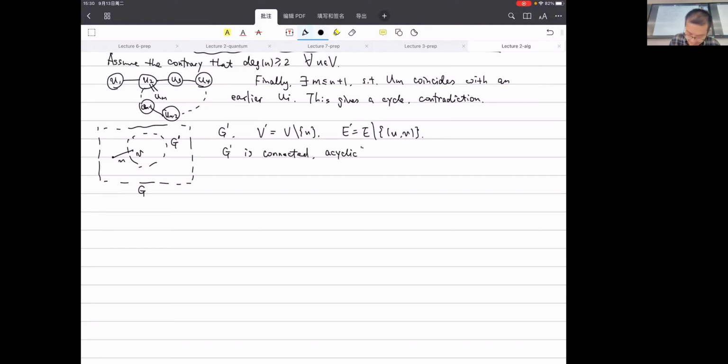By acyclic, it basically does not contain a cycle. This implies that G prime has n minus 2 edges by our induction, and we can have that G has n minus 1 edges.